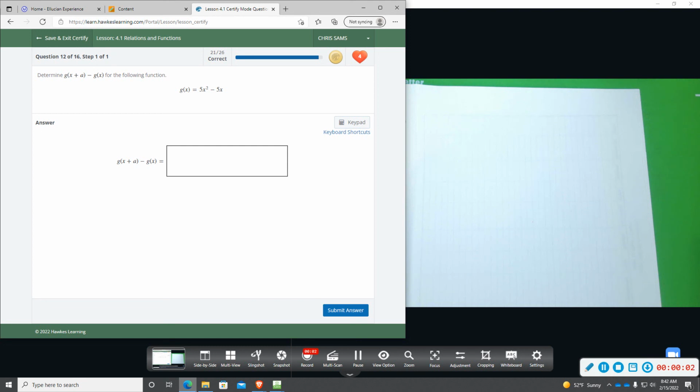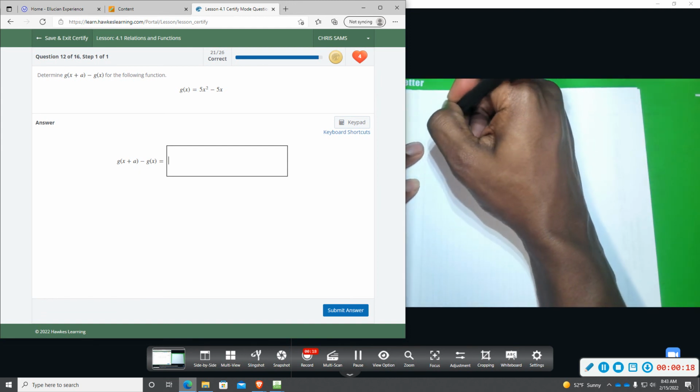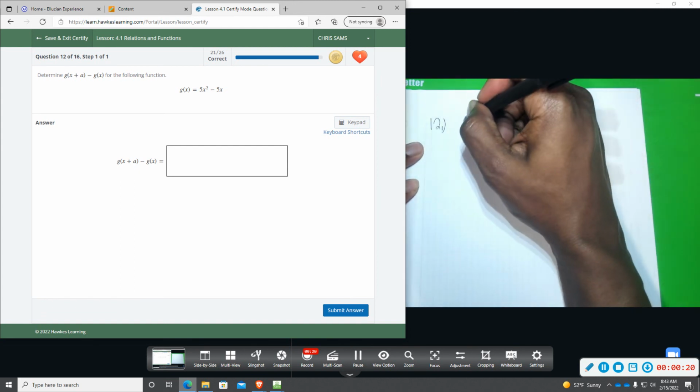Okay, number 12, we're going to determine g of x plus a minus g of x. And this is leading us toward the difference quotient. The difference quotient will use part of this formula.